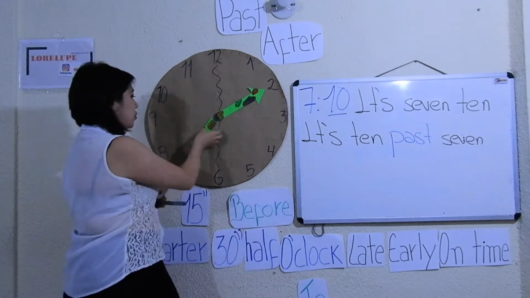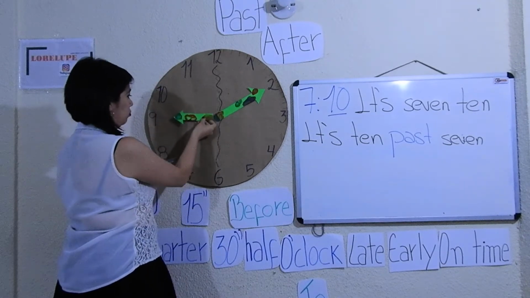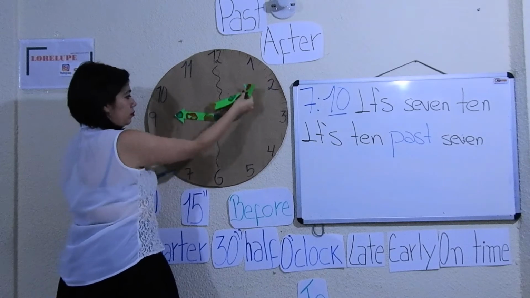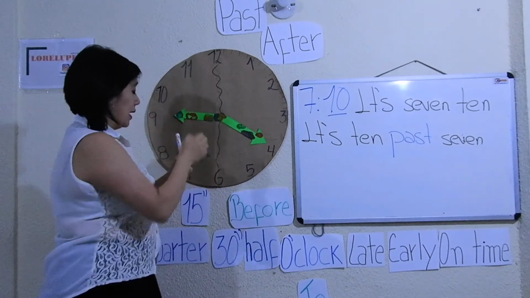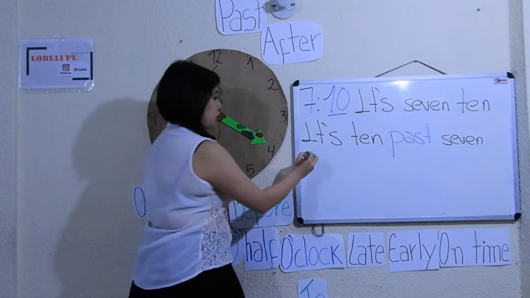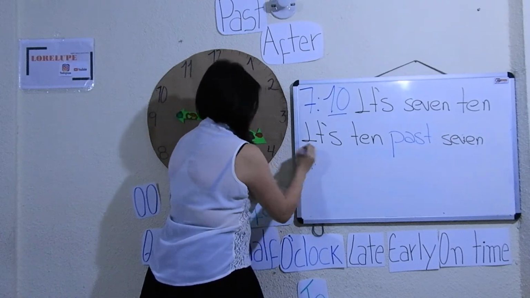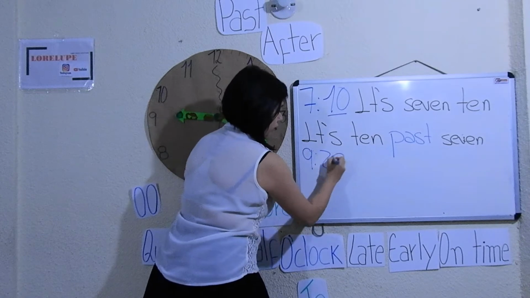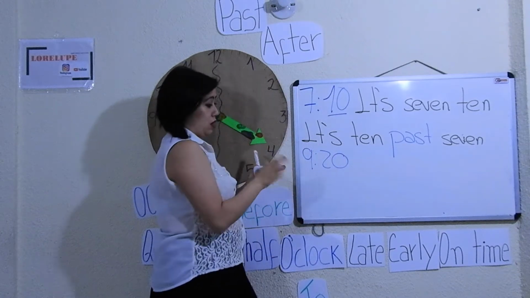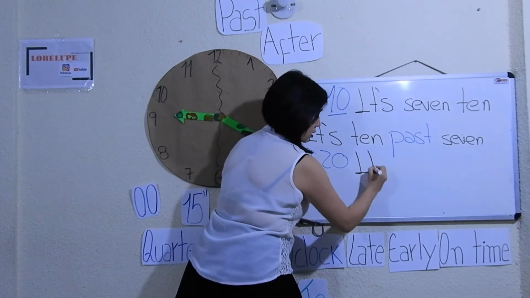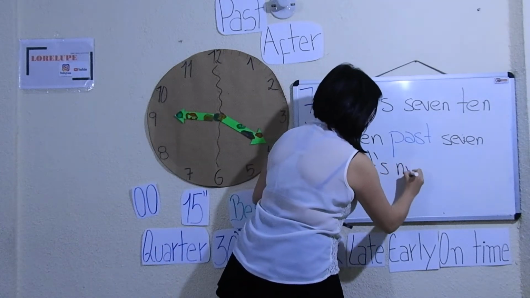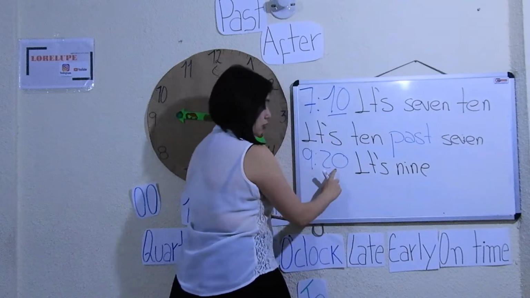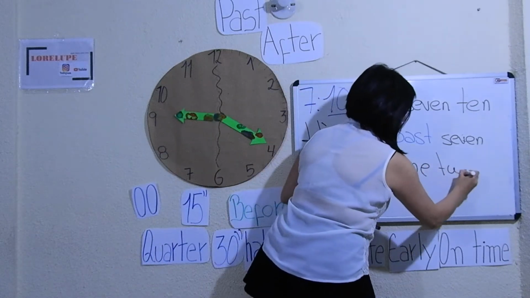Or another example. In that one, you could say 9:20. So it's 9 because of the hour, 9:20.